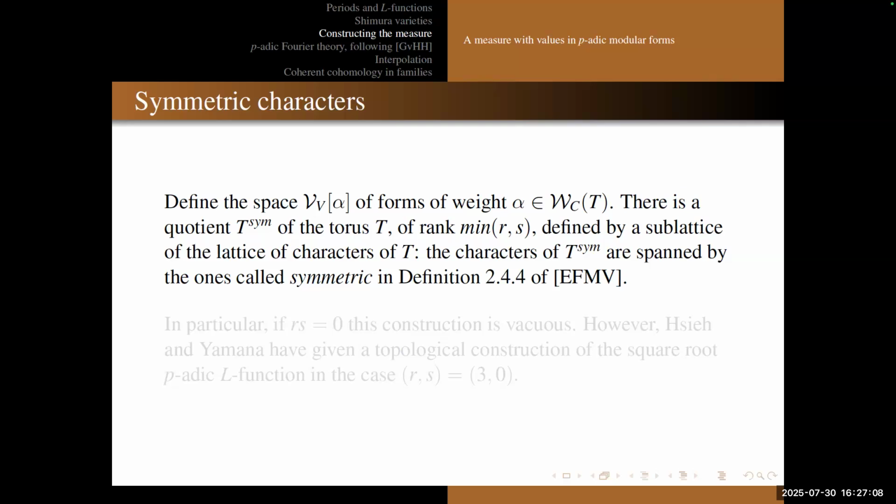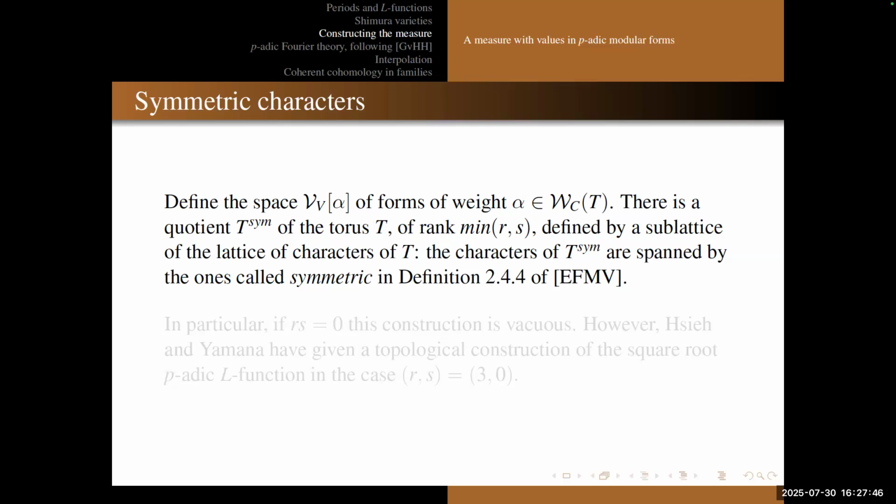More technicalities. For reasons that I don't completely understand, the theory, I understand up to a point, the theory only gives a p-adic L-function in the first place if the number of variables, the rank, is equal to the minimum of R and S. And so this gives a quotient of the torus, which I call T_sim, and the characters of this T_sim are spanned by the ones called symmetric.